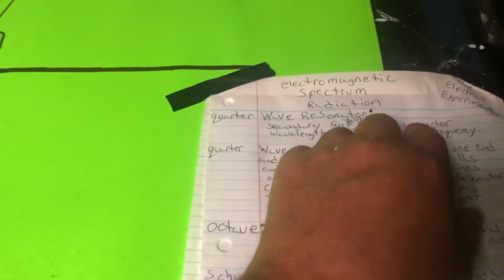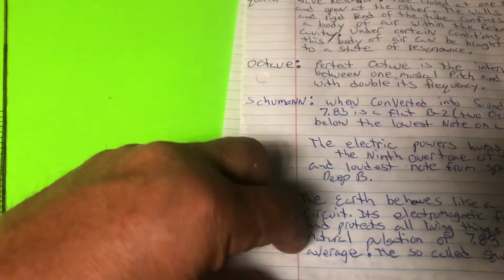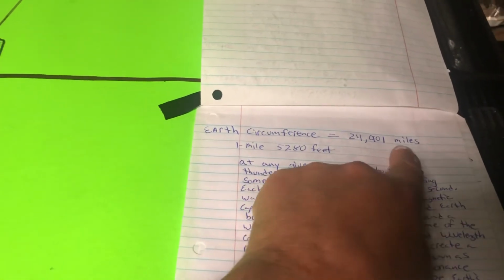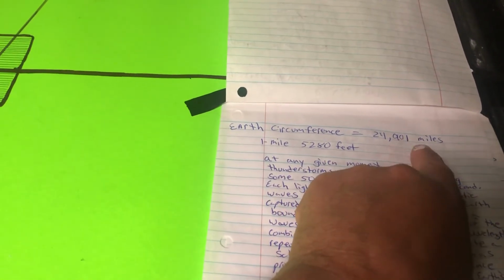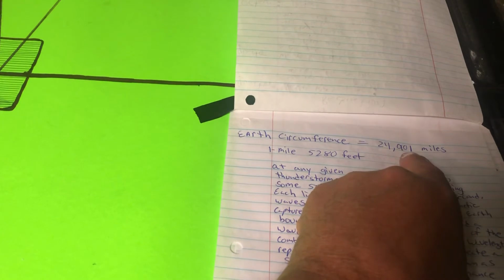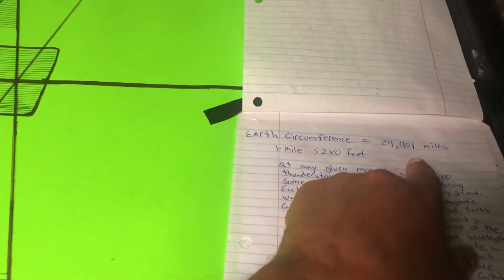We're dealing with a massive length on this Schumann, because we're dealing with 24,901 miles, give or take, right? Because satellites tell us exactly around what it is, so that should be pretty accurate, or at least close.